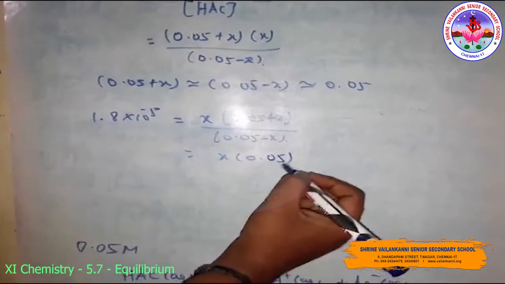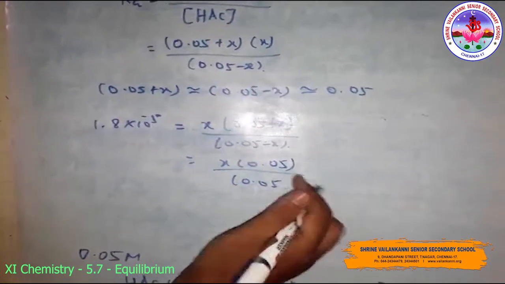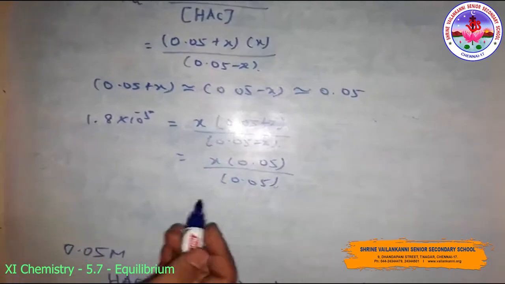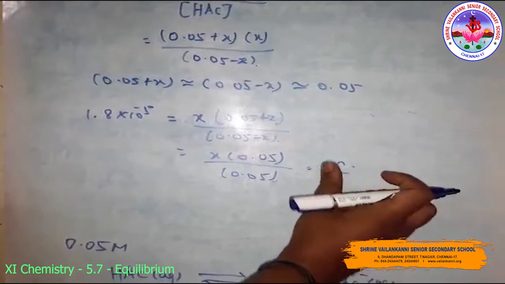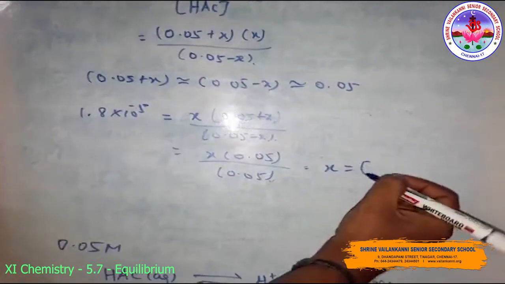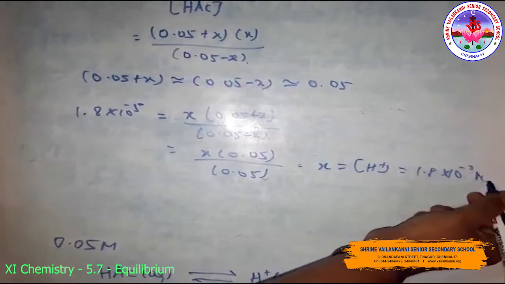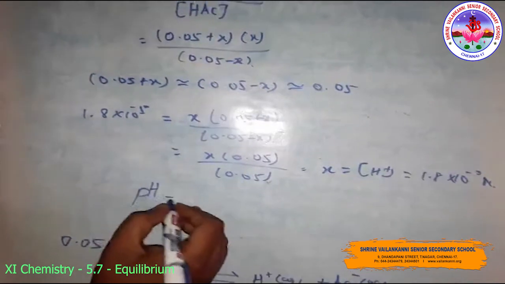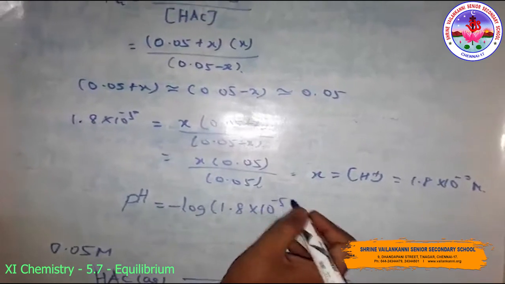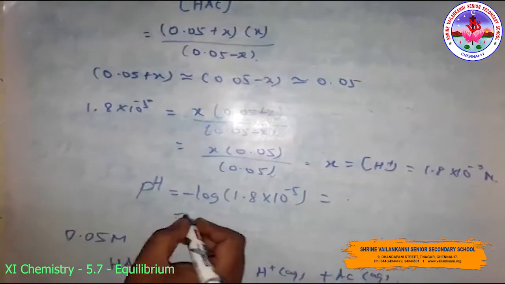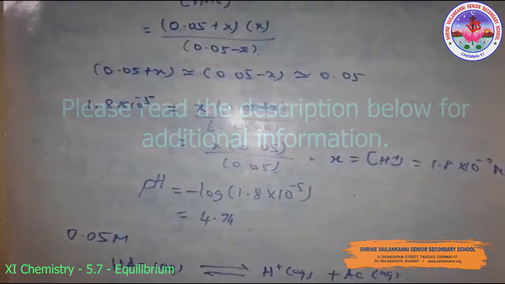So x, the concentration of H plus, is equal to 1.8 into 10 power minus 5 molar. So the pH is equal to negative log of 1.8 into 10 power minus 5. After simplifying you will get 4.74. Okay, then buffer solution.